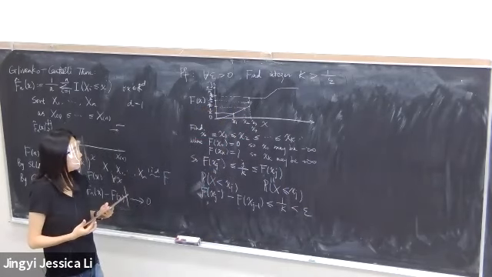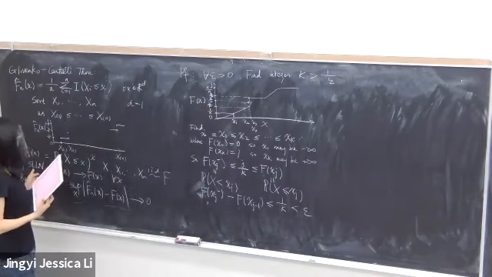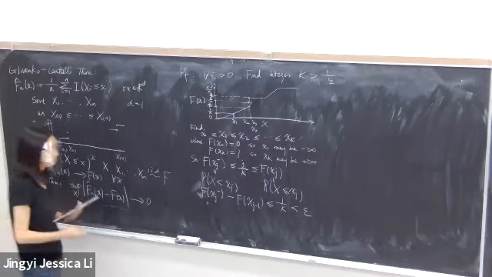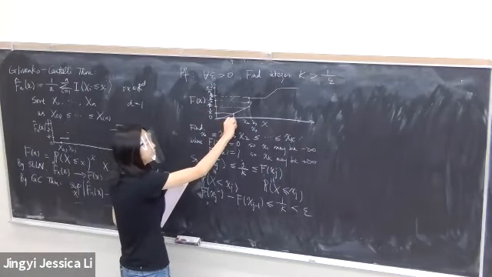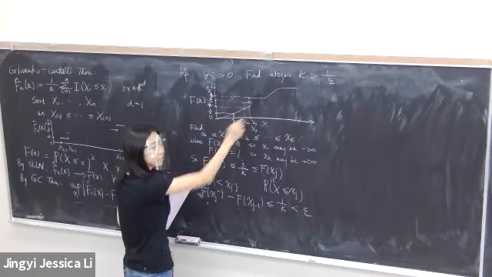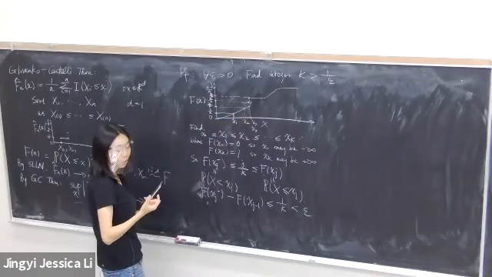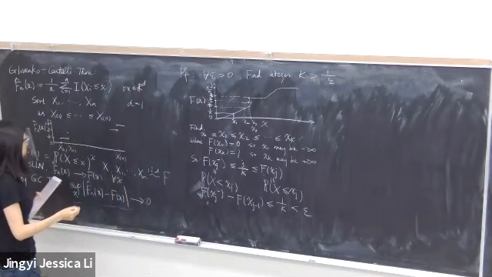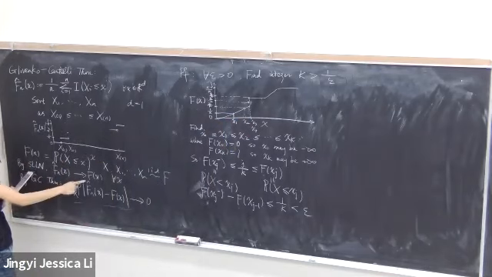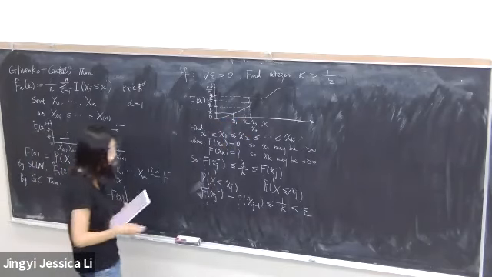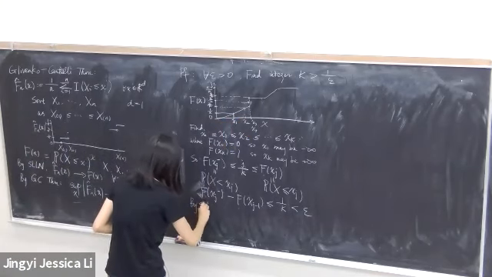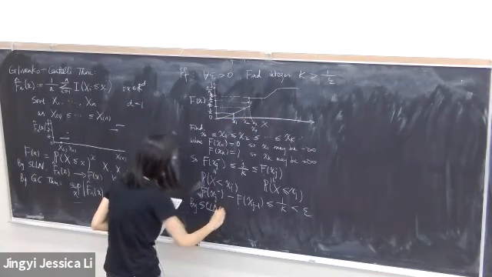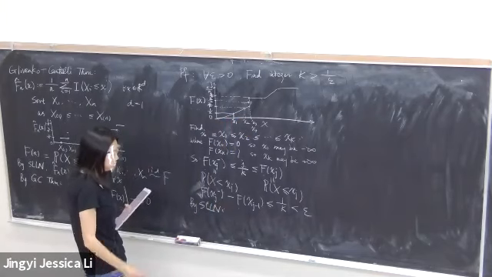Furthermore, what I have is the strong law of large numbers. At every value x1, x2, x3, I will be able to make the difference between F n hat and F very small by the strong law of large numbers. So by the strong law of large numbers, I will have two results.